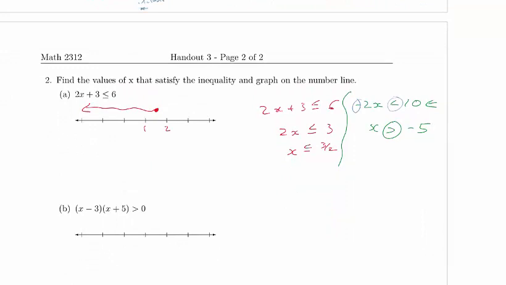All right, so right here we got x minus 3 times x plus 5 is greater than 0. First off, let's look at what we can immediately tell just by glancing at this. What happens if I plug in 3 for x? If x equals 3, then this is 0. And this will be some number, well, it'll be 8.